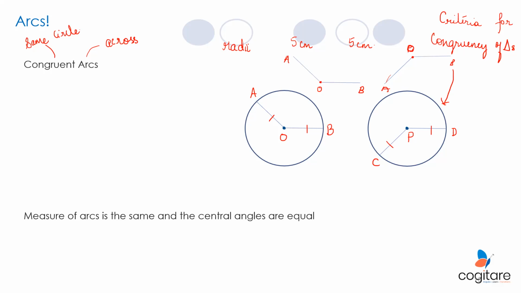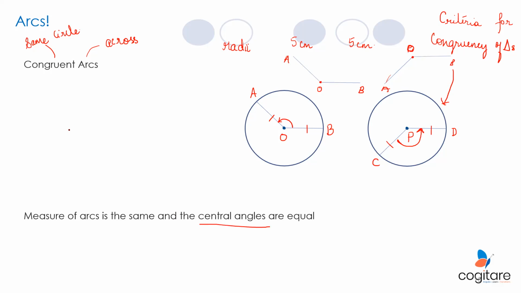Now, if it does overlap, then bear in mind, as we studied in the previous video, that the angle subtended by an arc at the center is called the central angle of the arc. So if they overlap, then obviously the central angles are equal.